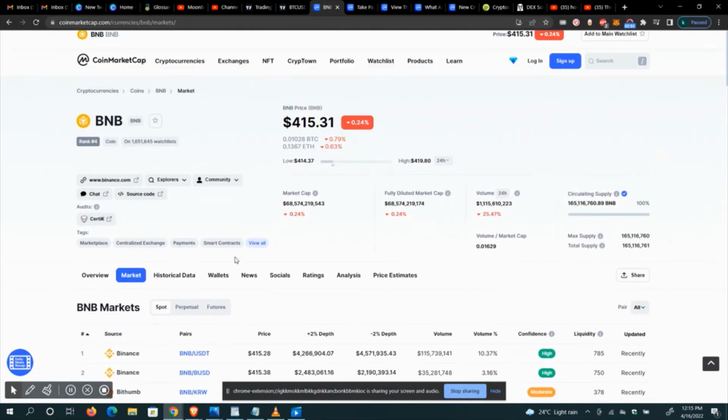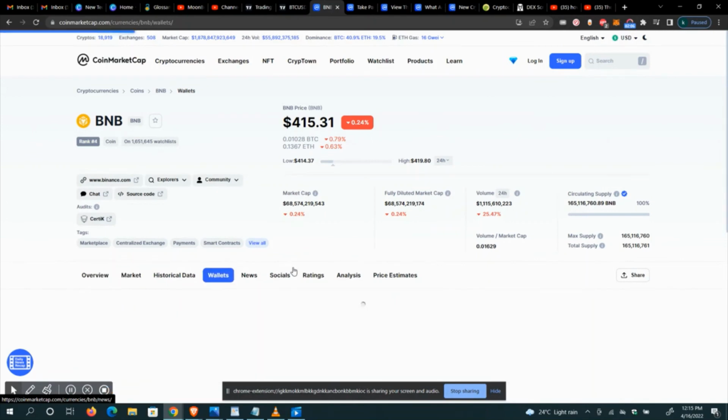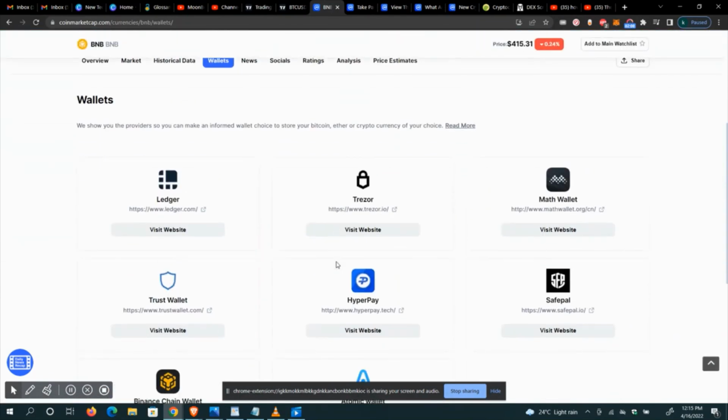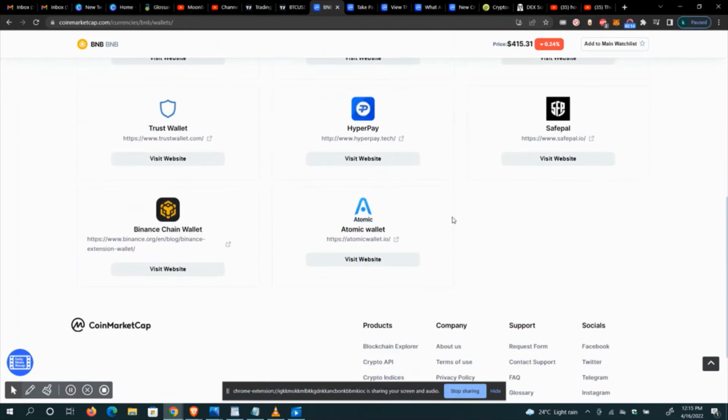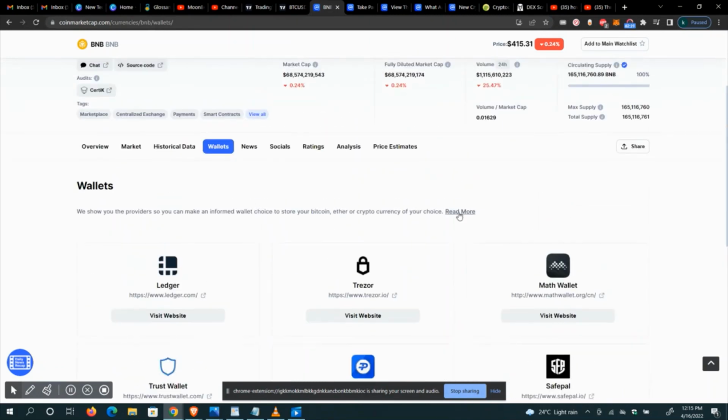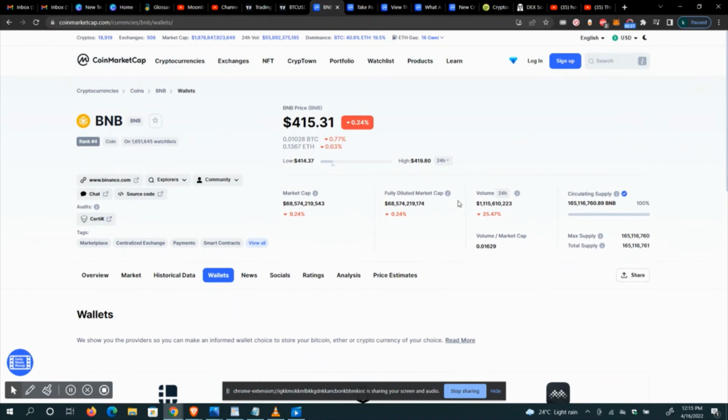The historical data, wallets, new social: these are wallets, I think decentralized wallets, where you can also store your Binance coin. So I've been able to explain more about CoinMarketCap here.